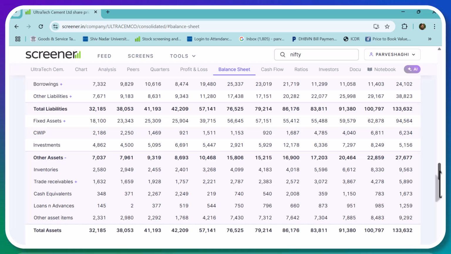So enterprise value is basically the value of the entire assets.